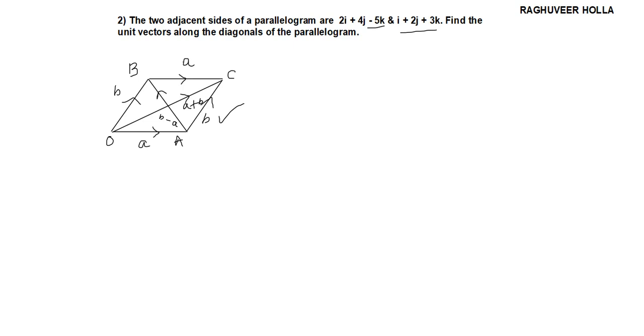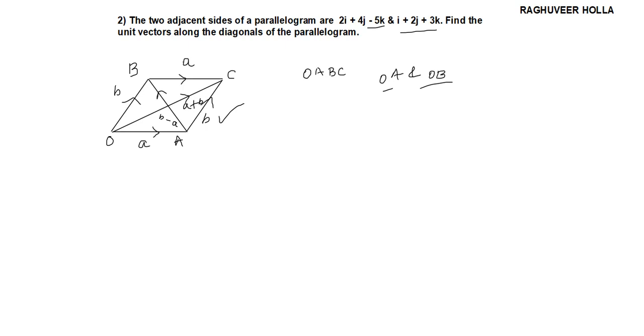When you look at this, OABC is the given parallelogram, and the adjacent sides OA and OB are given as the data.